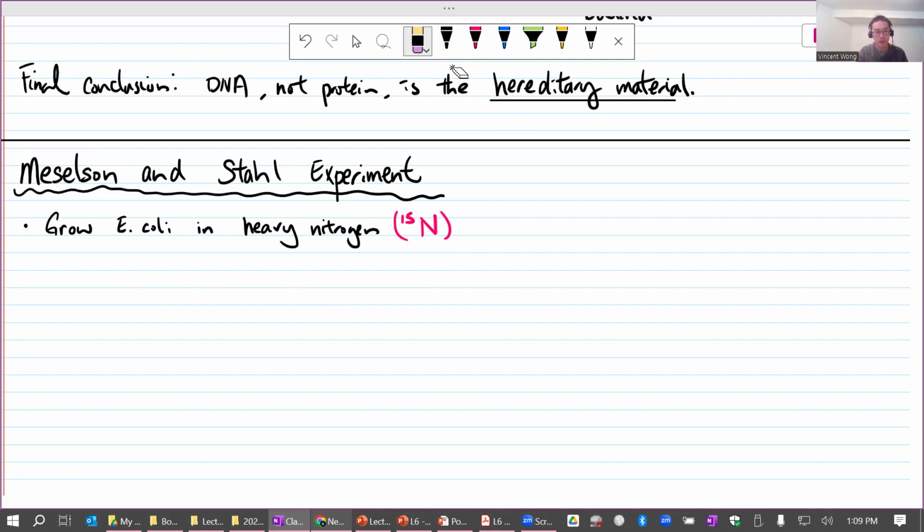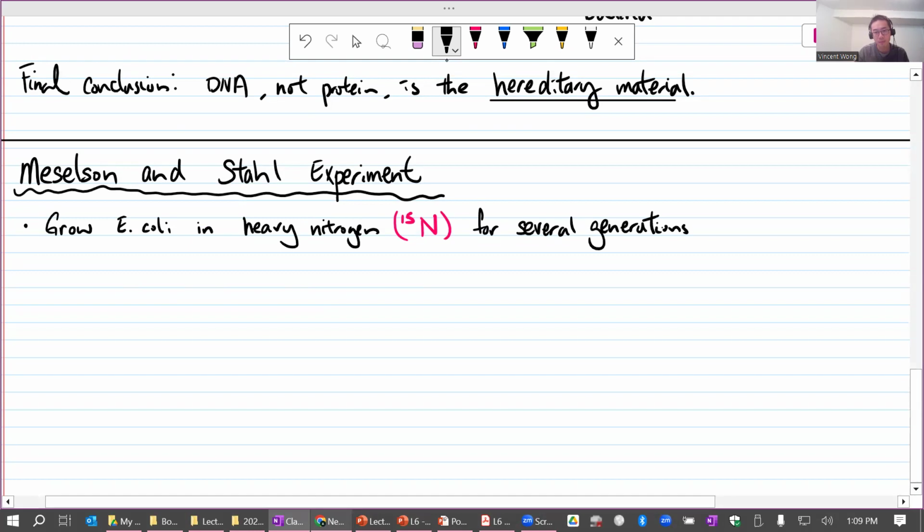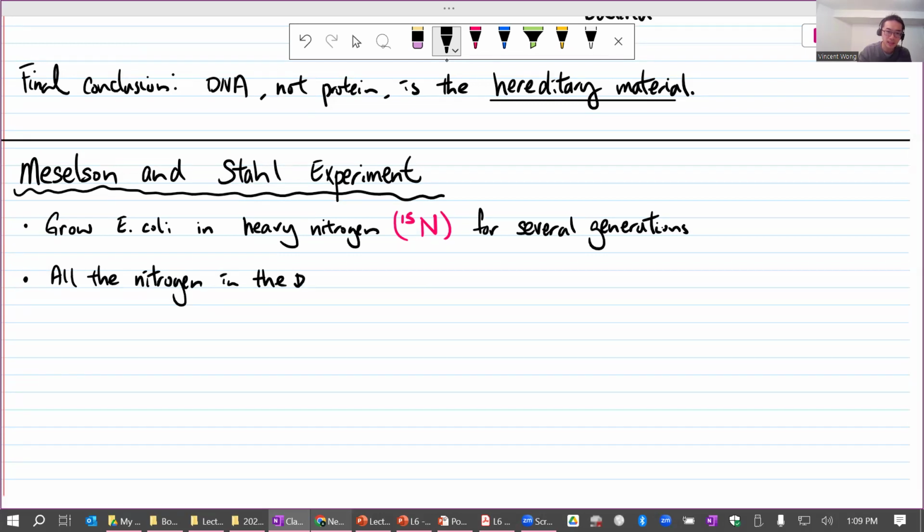So grow E. coli in heavy nitrogen for several generations. If you grow them for several generations, then all the nitrogen in the DNA contains N15.